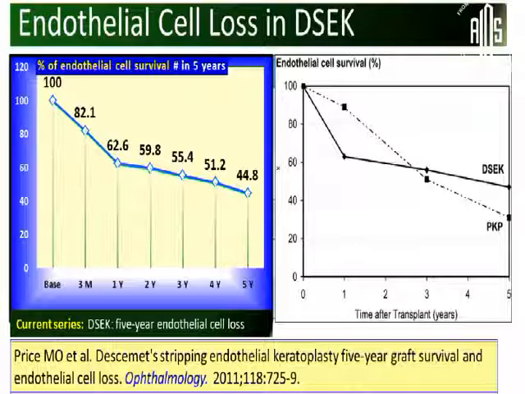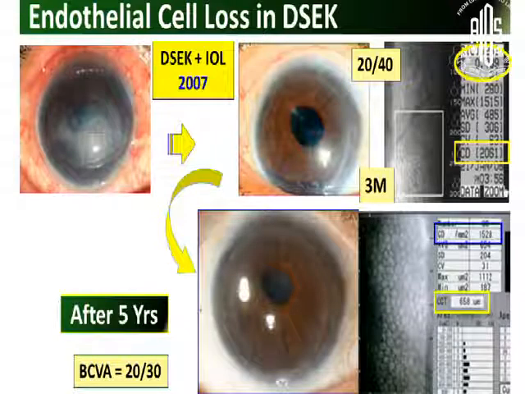So this is the endothelial cell survival, and I am showing some interesting pictures. This patient was lost to follow-up after 5 years. She came back, and you see the endothelial cell count and corneal thickness. This is after 3 months, and this is after 5 years.